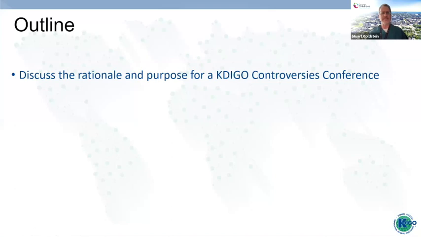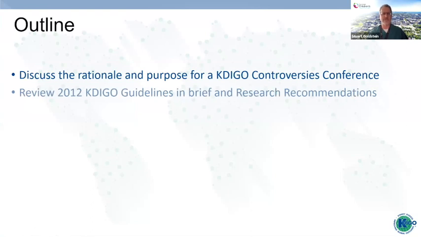So the outline today is I'll discuss the rationale and the purpose for a KDIGO Controversies Conference. There's clearly a method to KDIGO's concepts here, and why we felt it was necessary to have an acute kidney injury controversies conference.